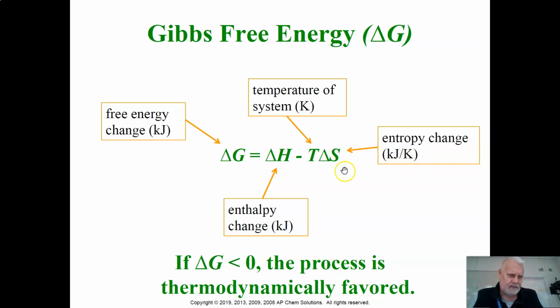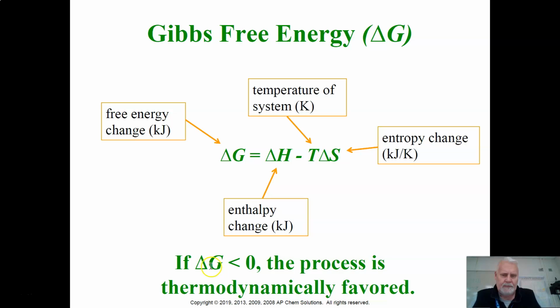You're going to want to convert it into that, but I just want you to note that when you're given these values, this one will always be joules per Kelvin, and you're going to have to change it into kilojoules. So, I mean, that's why that says kJ, but I wanted to remind you that that's going to be given in joules. Obviously, if you're going to subtract the two things, you'll have to convert them to the same unit, and that's what we always do, is convert the entropy into that.